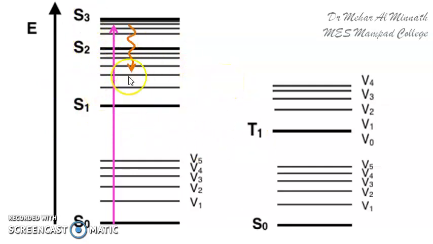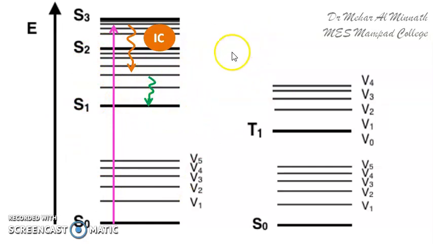Here we have the internal conversion, that is from a higher singlet excited state to a lower singlet excited state. The molecule system comes down by losing some amount of energy either to the surrounding molecules or in the form of thermal energy. That is called internal conversion. Another non-radiative transition we have explained is the vibrational relaxation.